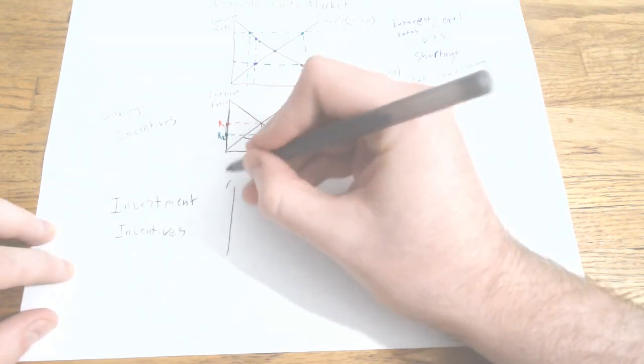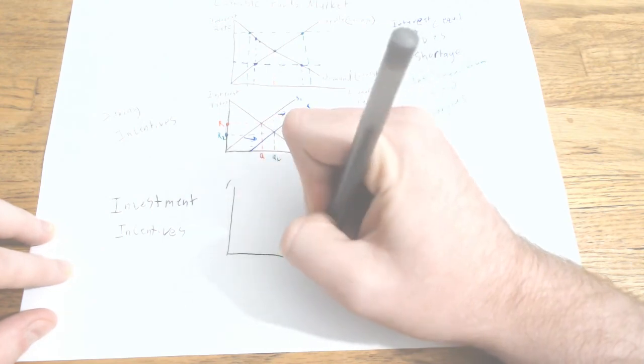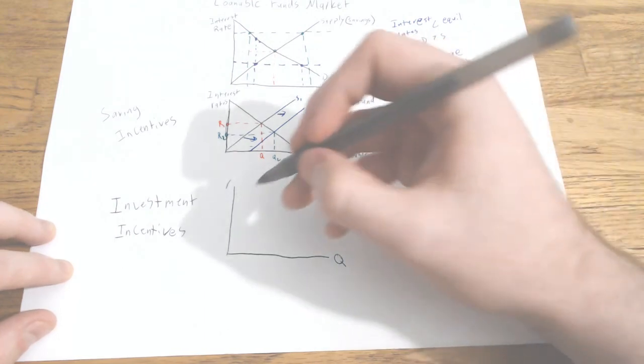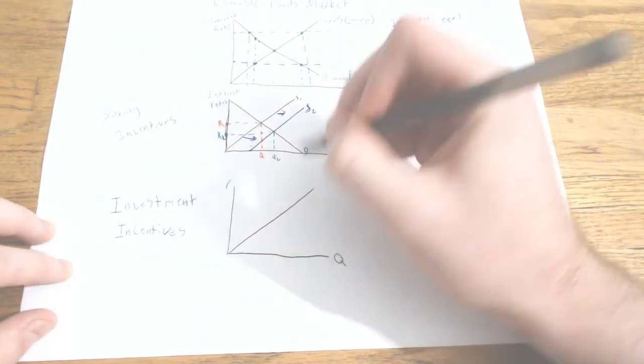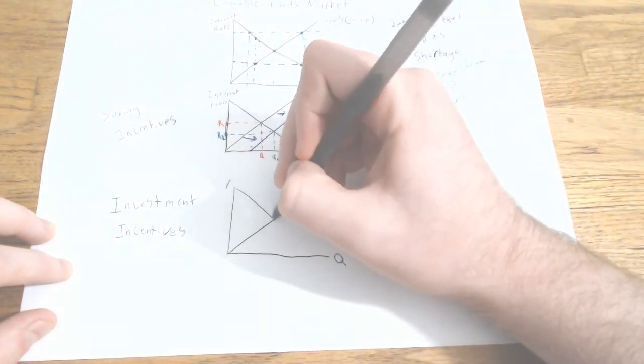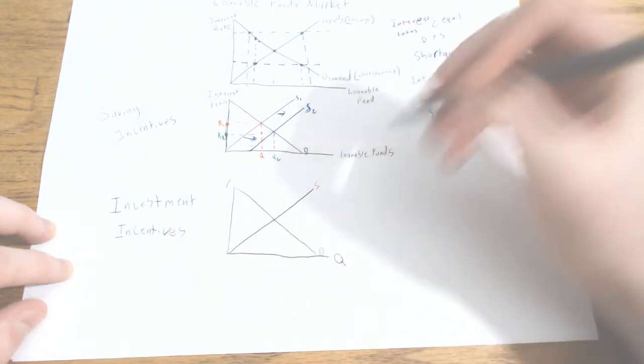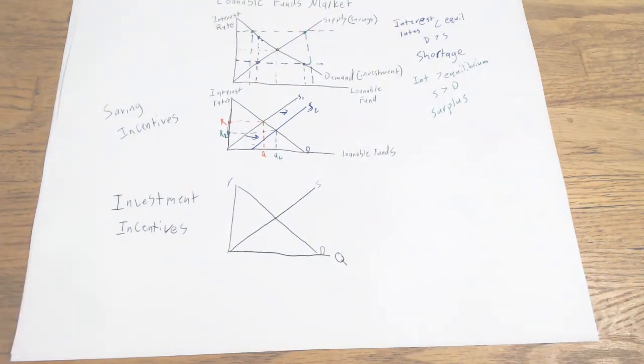We have R here for our interest rates, and we have Q here, which is going to be our quantity. We have supply, and we have demand. S, D. So this is going to be a similar idea. We're going to give a tax advantage to firms or individuals engaging in investment. This is going to make investing more attractive.